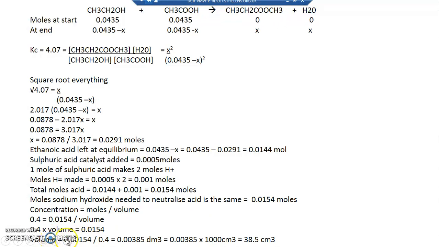The volume is 0.0154 divided by 0.4. It equals 0.0385 decimeter cubed. Now it says it wants it in centimeter cubed, so to turn decimeter cubed, a larger unit, into centimeter cubed, I multiply by 1000, so it turns out to be 38.5 centimeter cubed of sodium hydroxide that I need.